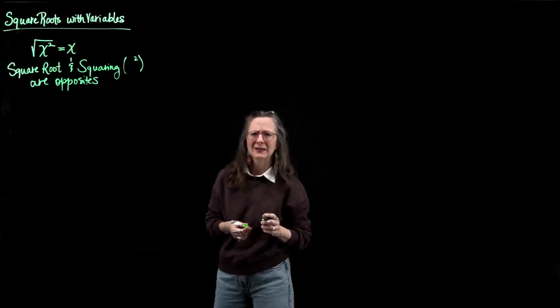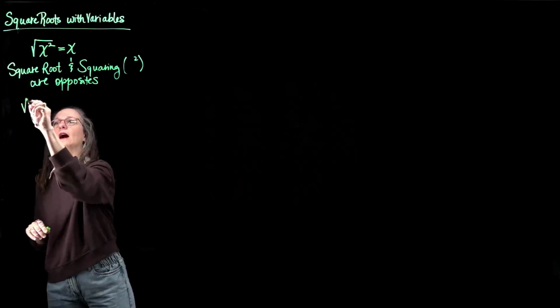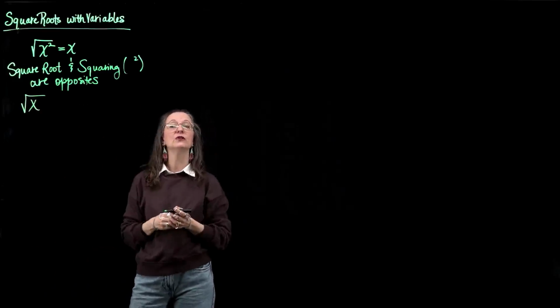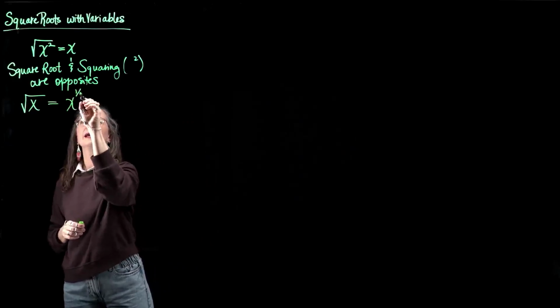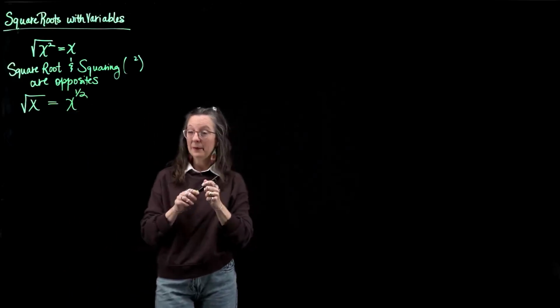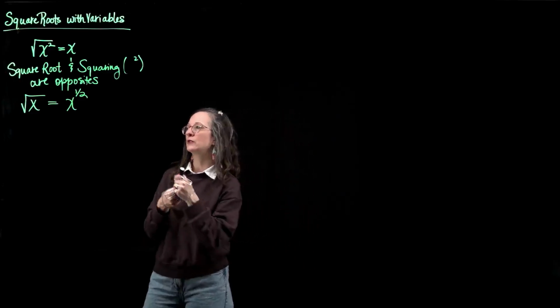Now this relates back to exponents in a really important way. One thing that we just need to know is that the square root of x can be rewritten as x to the 1/2 power. Now I'm going to put some numbers in there, and these are sneaky numbers that we don't always write.